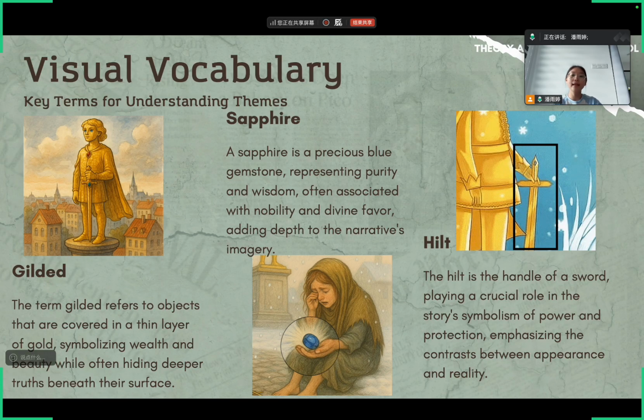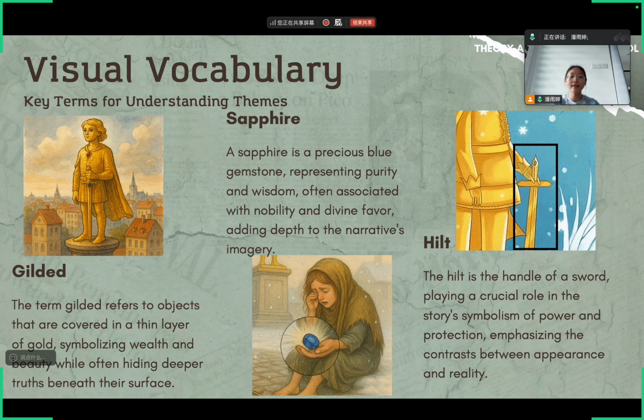I have identified 3 potential blocker words in the first paragraph: gilded, sapphire, and hilt. If students stop to check a dictionary for these words while reading, it breaks their flow. Therefore, I use a visual pre-teaching strategy.